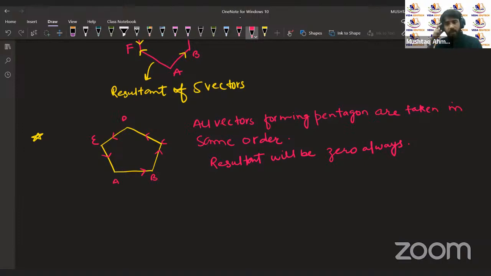So at the end, the sum of all these vectors comes out to be zero, provided all these vectors are taken in the same order and are forming a regular polygon. So even if a hexagon is formed, but all the six vectors of the hexagon are taken in the same order, the resultant of all those vectors is going to be zero.